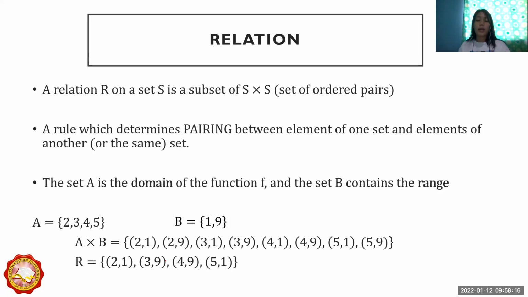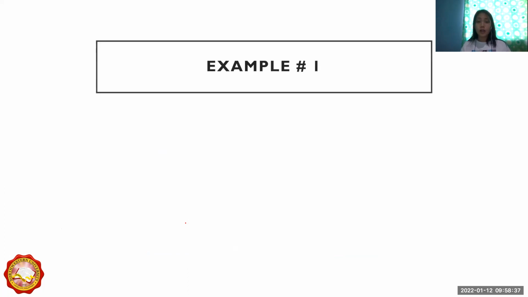So if you would like to get 2, 1, 3, 9, 4, 9, 5, 1, as long as they have commonalities, that could give you a relation. Or you can also get the whole of that. Kung gusto mo, pwede rin namang i-consider lahat to as a relation. You can do that. Okay, so that's the definition of relation.